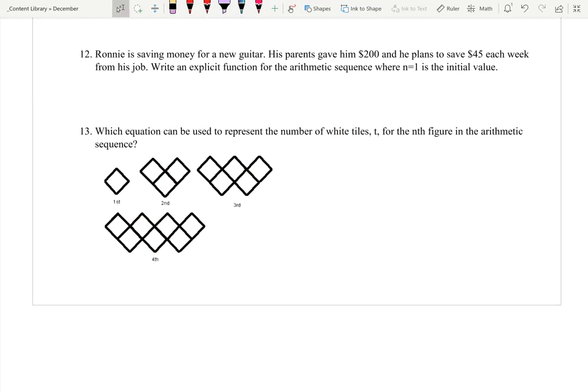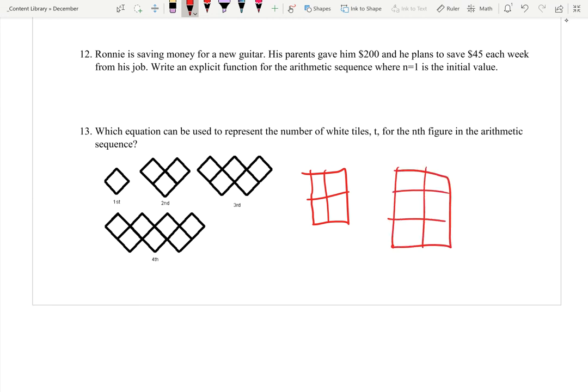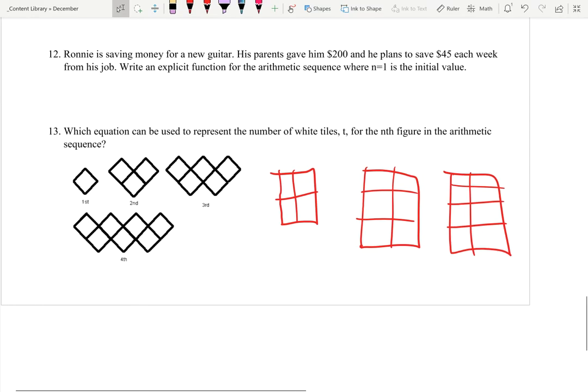I'm going to give you more shapes. All right, so let's say I have this, right? I've got that one. I've got this one. I've got this one, right? And then maybe a fourth shape, right?